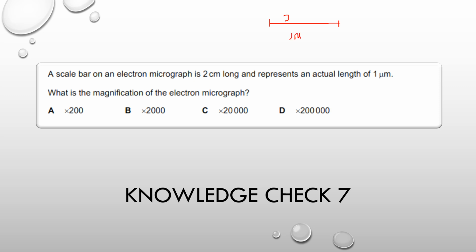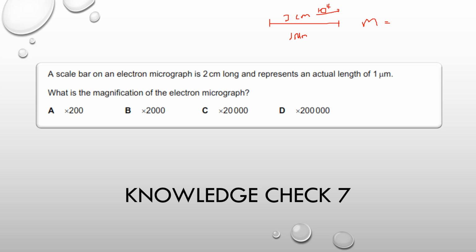Remember, magnification is the length of the scale bar, which they gave us, which is 2 centimeters. So convert 2 centimeters to micrometers. How do you convert 2 centimeters to micrometers? Like I taught you, multiply by 10,000.